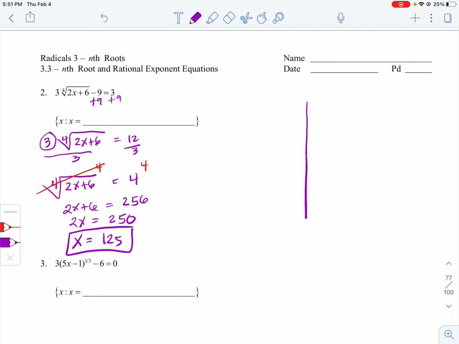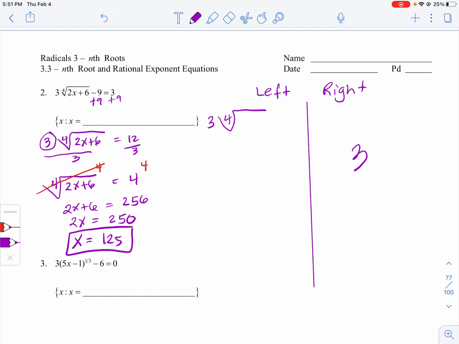And again, you are going to check both the left and right side of the equation. On my right, I have a 3. I'm not going to touch that because 3 is a 3. But on my left side, I would have to plug in the 125.